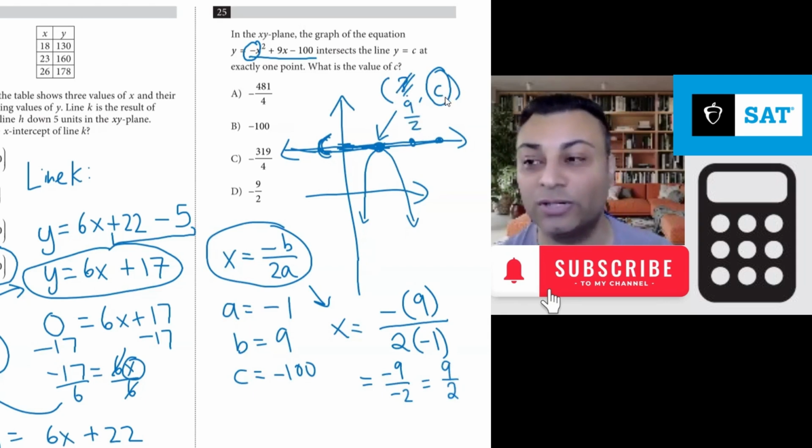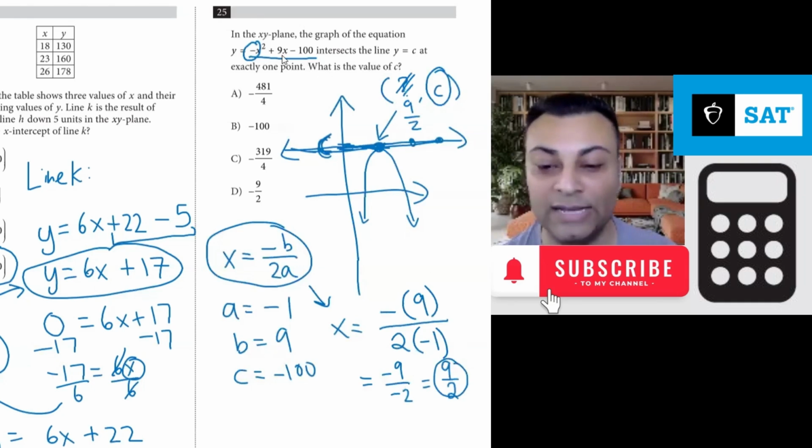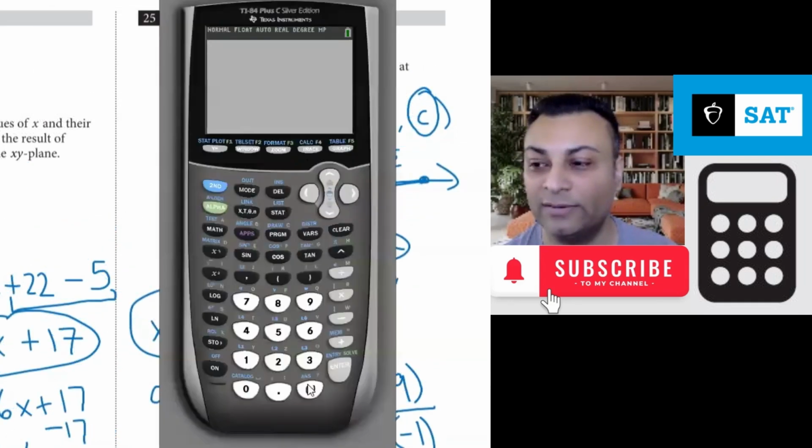We need the y coordinate, which is what happens when you plug in 9/2 into the original equation. So for that, let's get the calculator out. So we have negative x squared, but x is 9 over 2. So let's go ahead and put that in. 9 over 2 squared plus 9x, and again, x is 9 over 2.